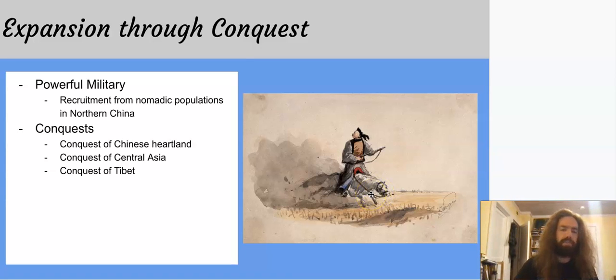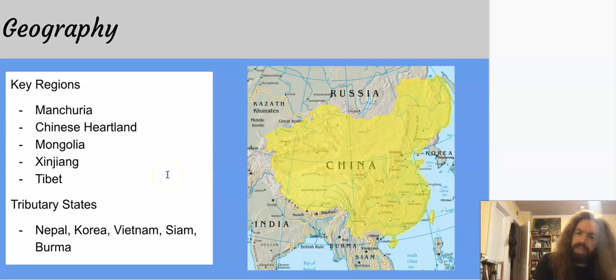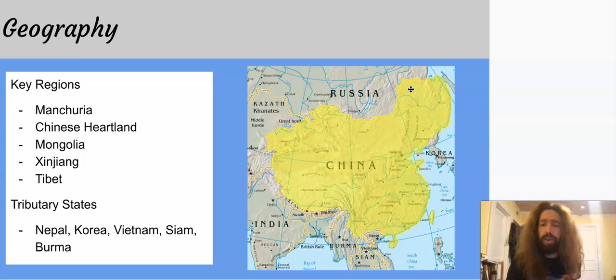And with this powerful military, they're able to expand and then control new territories that no other Chinese dynasty had ever really controlled, except I guess for Central Asia, which was controlled by the Tang and for a while by the Han. But anyway, so the Manchu are able to control the Chinese heartland, they're able to control Central Asia, and they're able to control Tibet, making the Qing Dynasty an enormous territory that holds together for about 200 years.